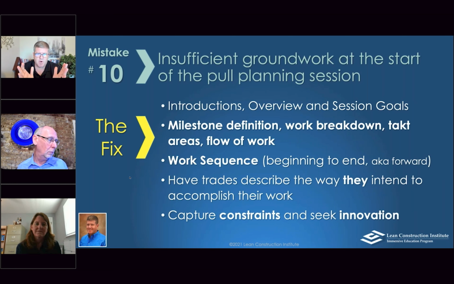Especially if the plan doesn't work, which happens quite often, and it's longer than we wanted it to be. What can we do differently? Can we prefab parts of this? Can we do it in a different sequence? Can we cut down our areas and go faster? There are a lot of ways to get that going faster if you need to, but innovation is something we generally don't ask for enough, in my opinion.